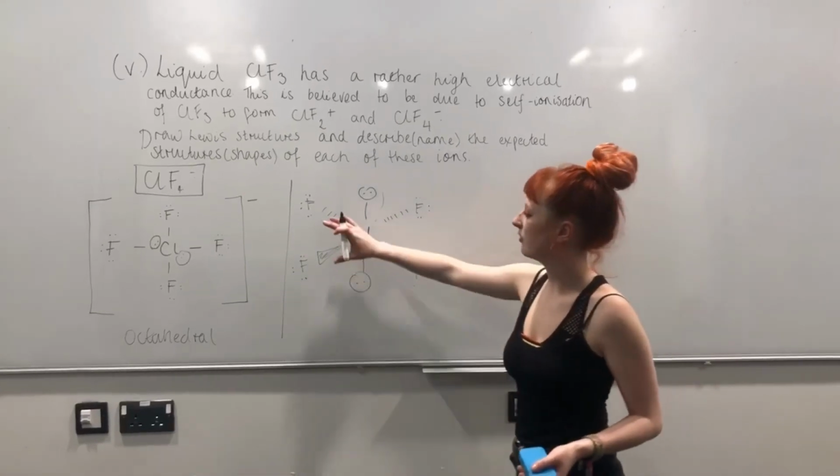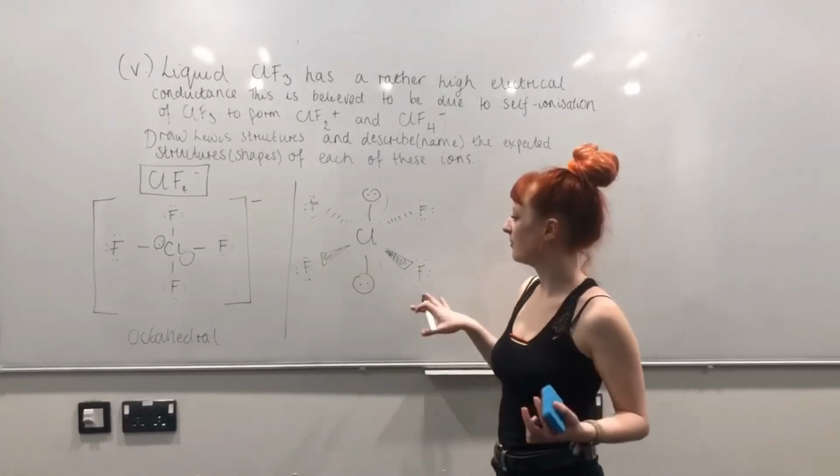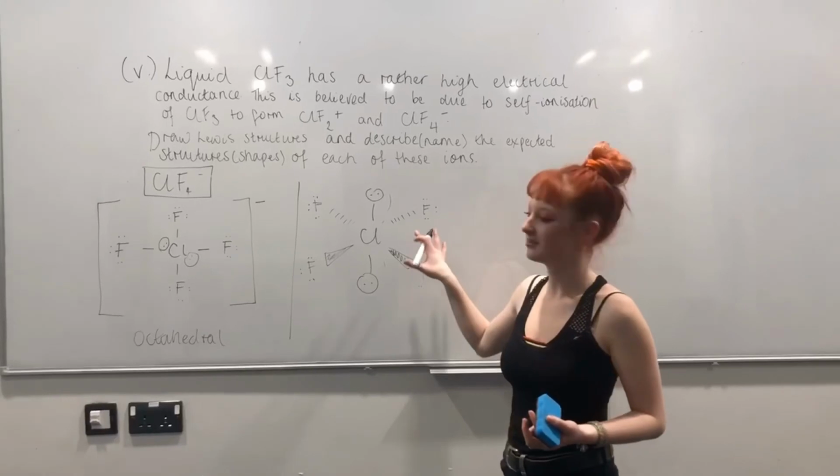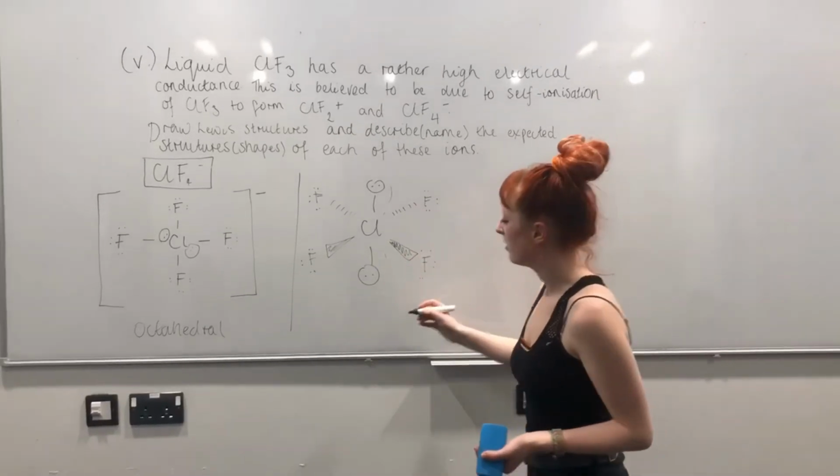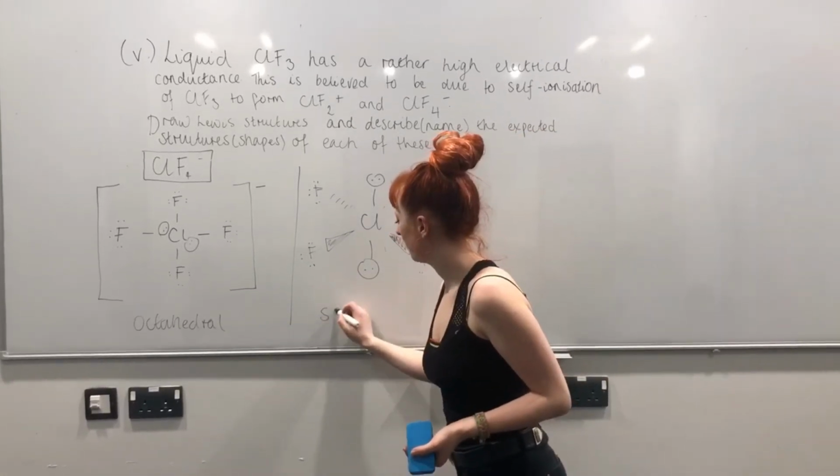And now, because all of the bonding pairs are on the same plane, this octahedral geometry is given the name square planar for its shape.